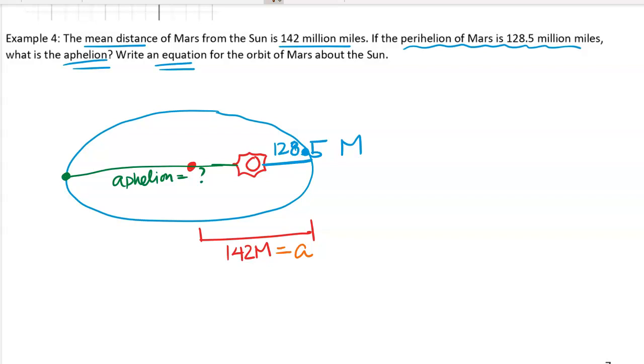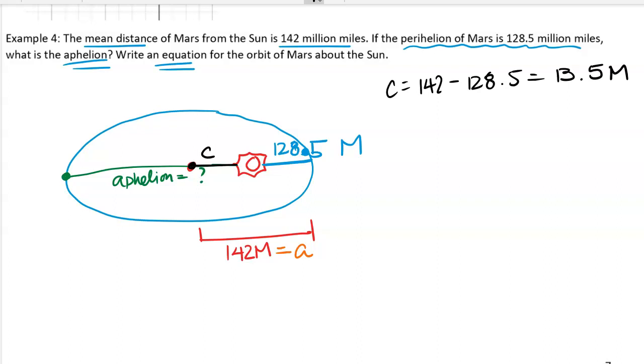C is from the center to the sun. Sun, Mr. Golden Sun. All right, C. How do you find C? 142 take away 128.5. Okay, someone crunch a number. Give it to me. 13.5. Millions? Perfect. We got C.